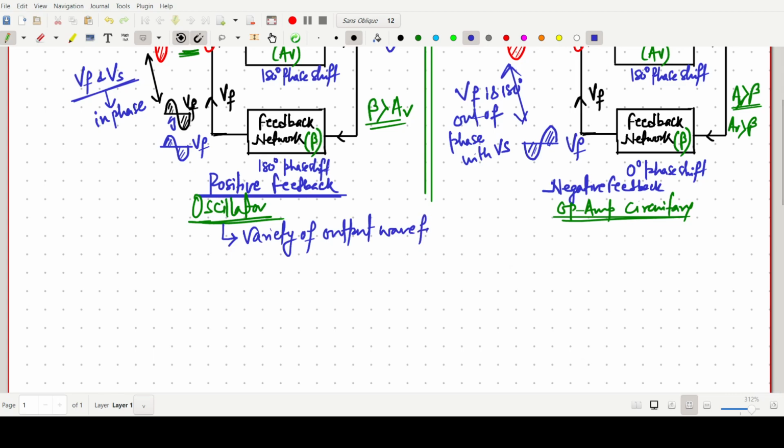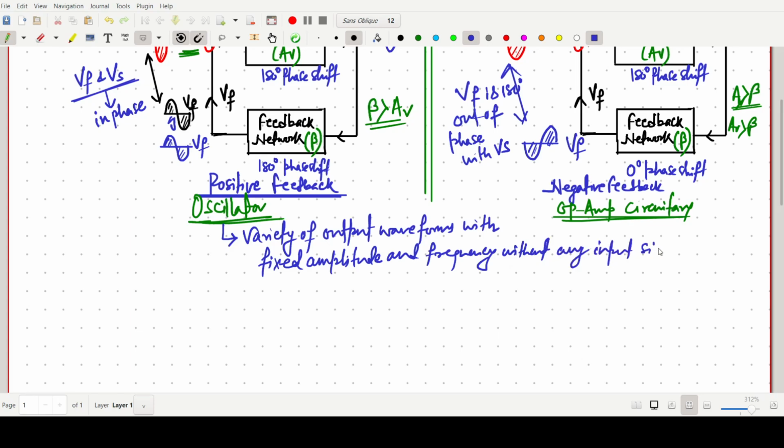It may be triangular, sinusoidal, sawtooth, etc., with fixed amplitude and frequency, without any input signal.